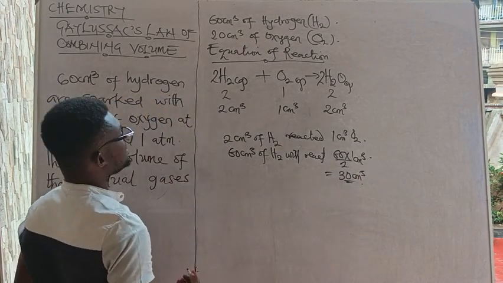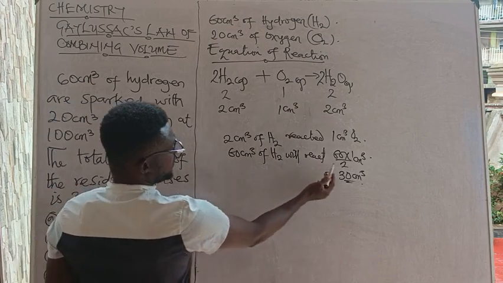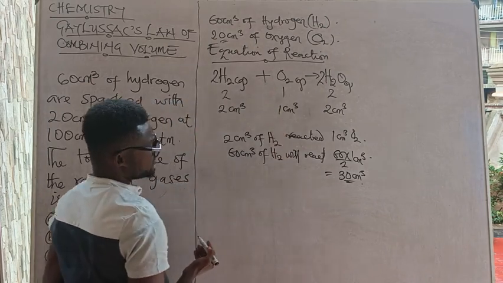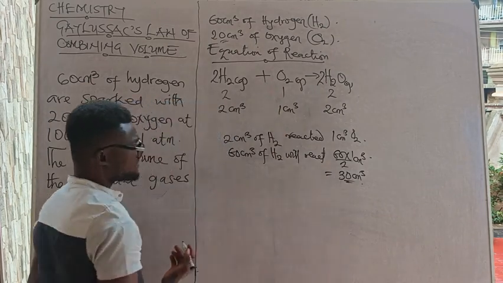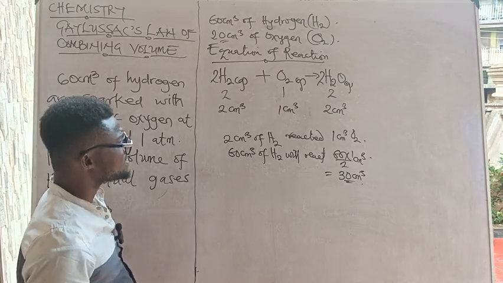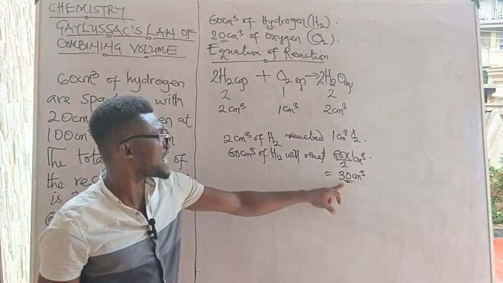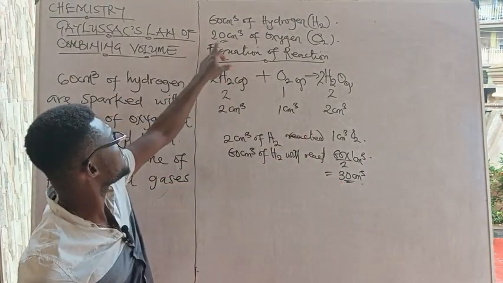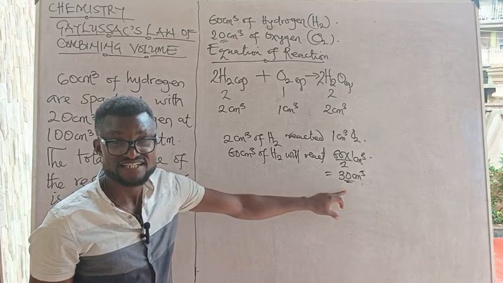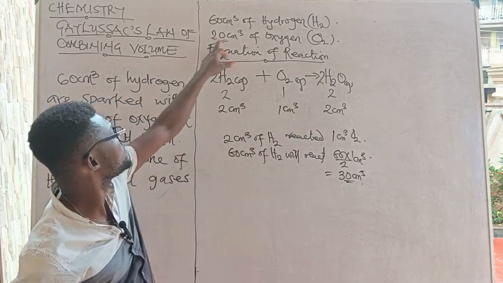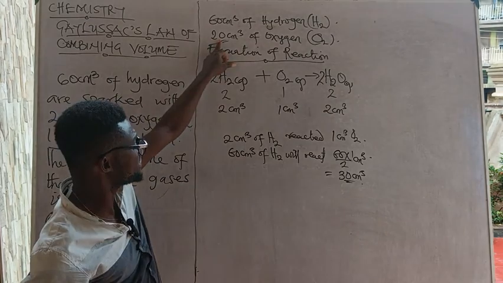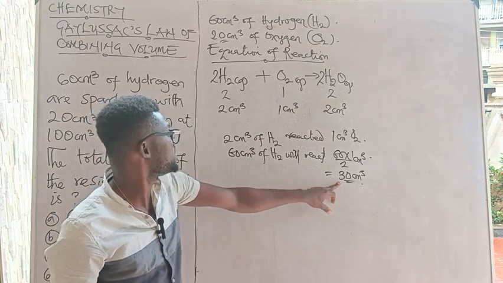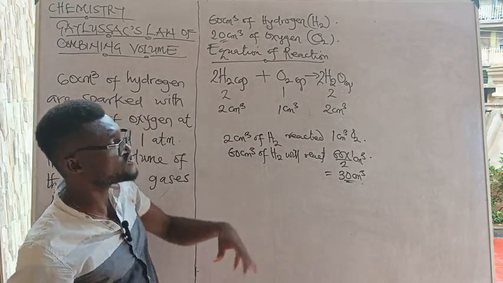So what it means is that if oxygen of volume 20 is given, 30 cm cube will take part. So we see 20 cm cube of oxygen was given, but the one that will take part in the chemical reaction is 30 cm cube, which means the volume of oxygen given is not enough.